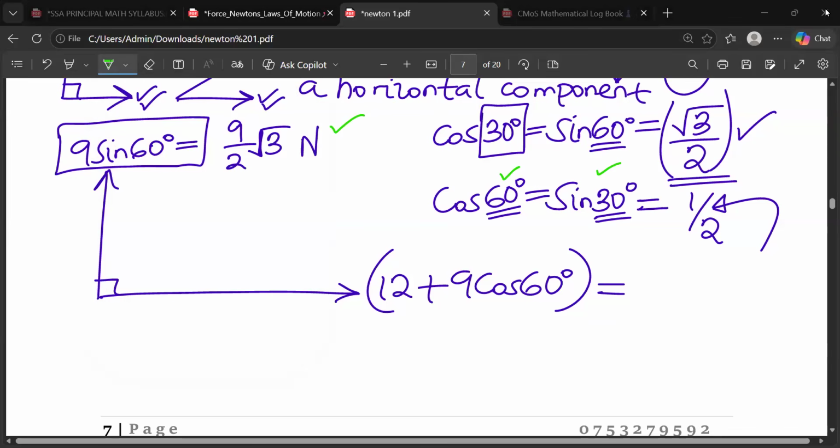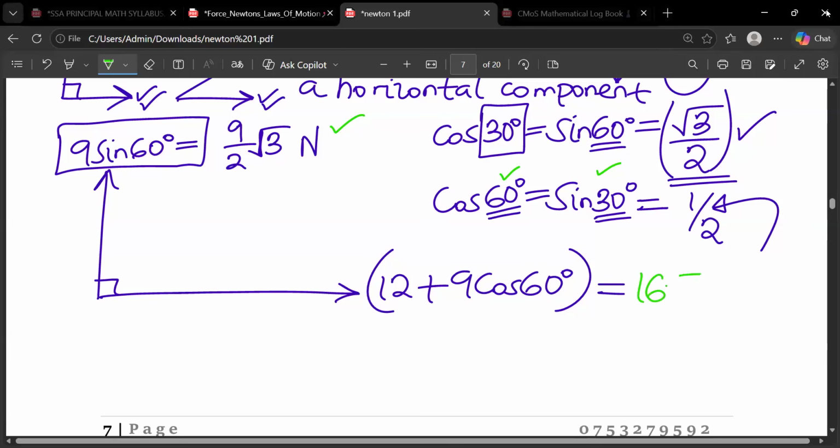But me, I'm getting it from my head, because I know cos 60 is a half, 9 over 2 is 4.5, 12 plus 4.5 is 16.5. So you should also be getting those ideas. Okay, so this one is 16.5 newtons. Are we together? So that is now the new value, and this one is the new value here.